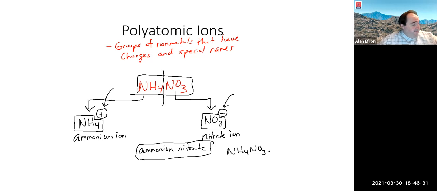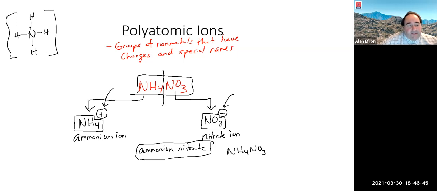Just to tie it into bonding and what we talked about before, we've actually drawn the Lewis structure for this guy, I think. NH4+ looks like this when we draw it. The nitrogen and hydrogens are all sharing electrons. The overall thing has a +1 charge. Nitrate, we also have drawn the Lewis structure, I think, along the way.